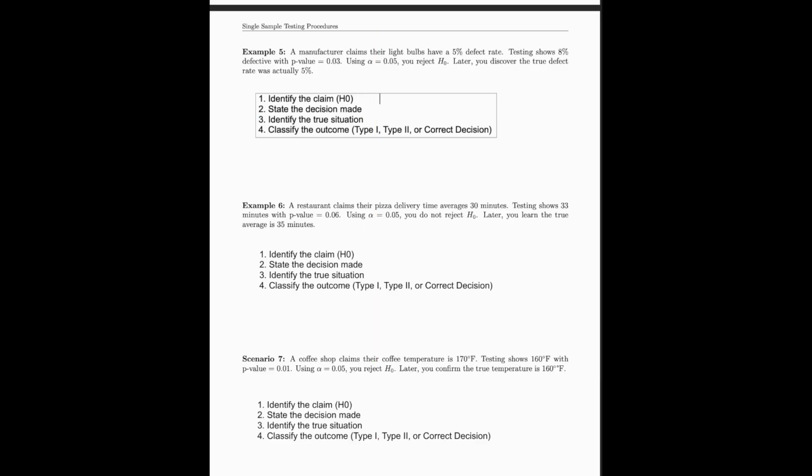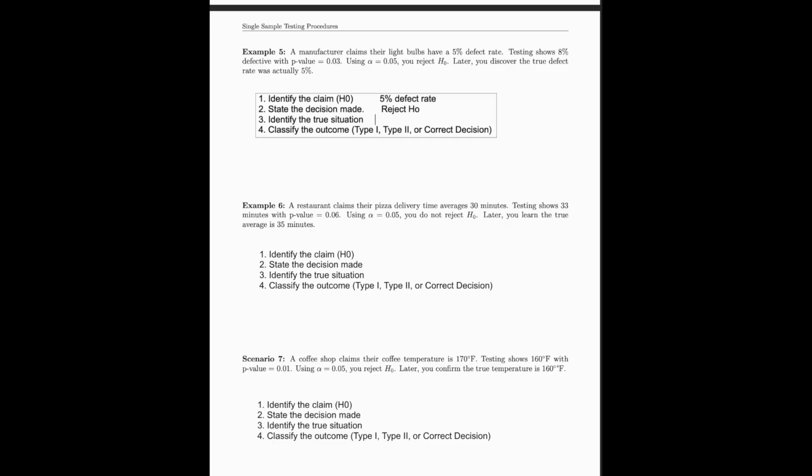So the claim is that we have a 5% defect rate. The decision that was made after the test was performed was that we reject the null hypothesis. Later, we discovered that the true defect rate was 5%.